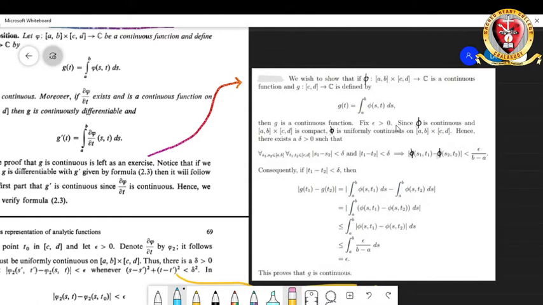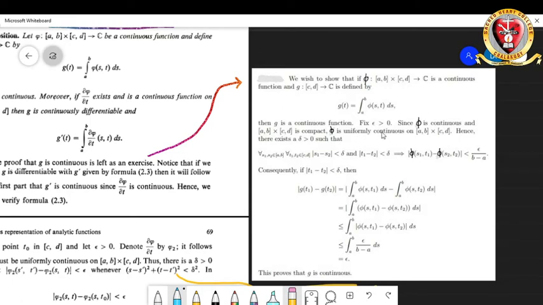Since phi is continuous and [a,b] cross [c,d] is compact, phi will be uniformly continuous on it. Why? Because every continuous function on a compact set is uniformly continuous. Why is this set compact? Because it is the product of compact sets, and a product of compact sets is compact.